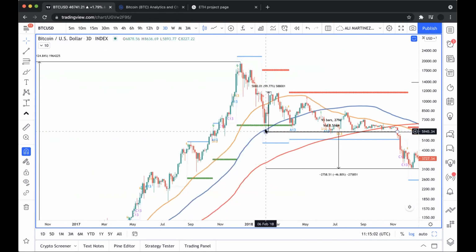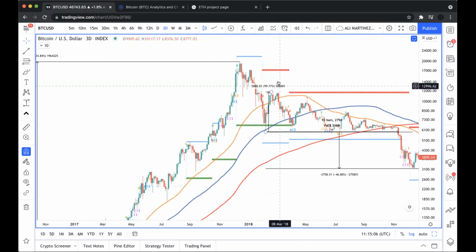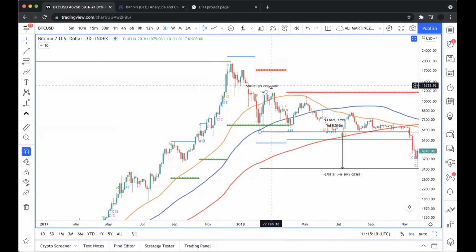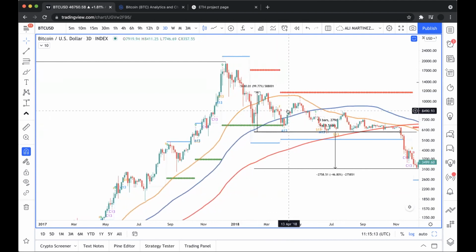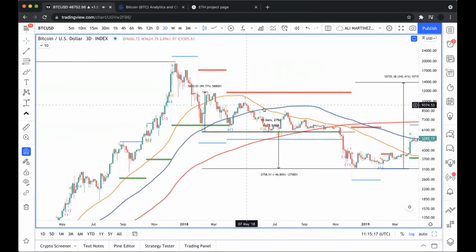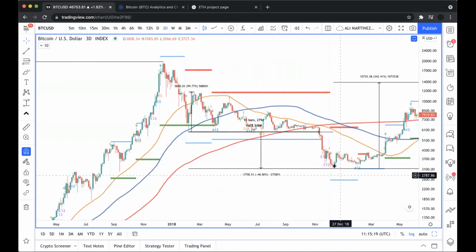Comes down, touches the 103-day moving average, and rebounds. It was a really strong rebound, right? A 100% rebound. And then from that moment on, it started consolidating before it basically capitulated and went down to around $3,000 by December 2018.